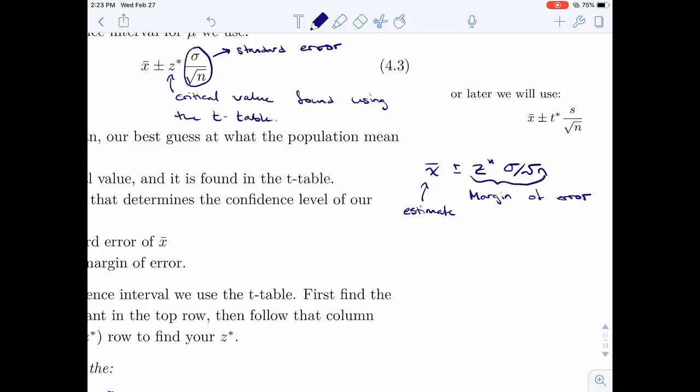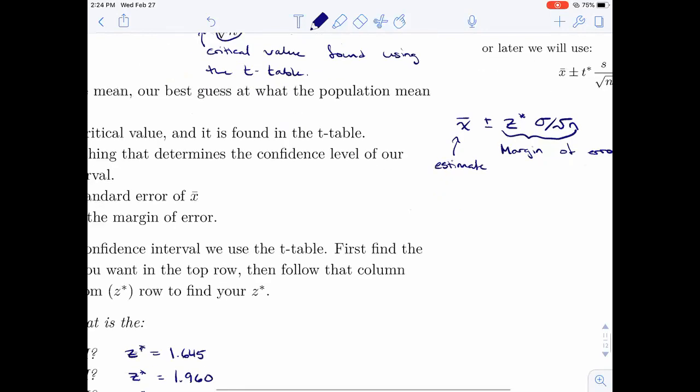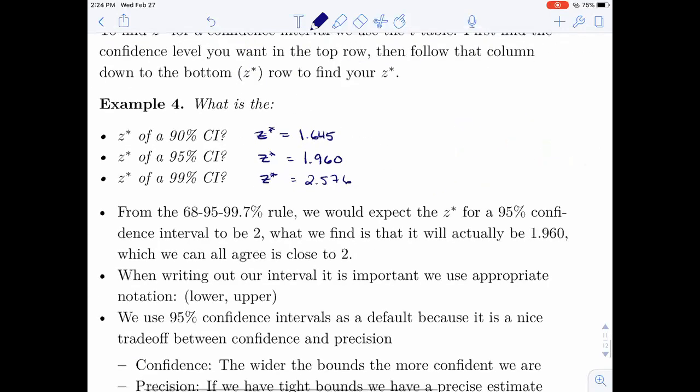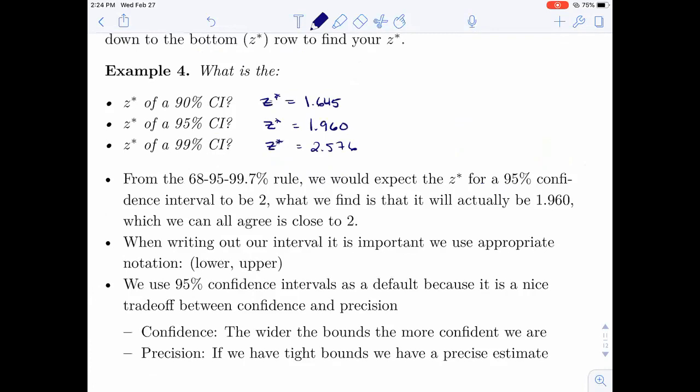So it's the same idea, but now because we have this more precise 1.96, we're going to use that instead. But I think we can all agree 1.96 is basically 2. 2's really close to 1.96. But from now on, for these confidence intervals, you're going to use the Z stars from the table. But just know that you've seen it before.